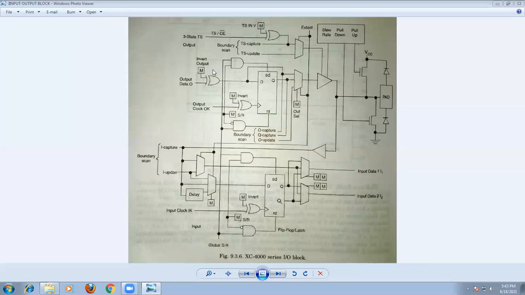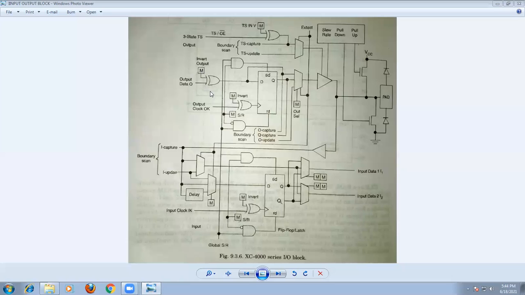Depending upon the out invert bit, it is complemented or uncomplemented. When it is logic 0, we get the same output. Whenever it is logic 1, the output will be inverted.